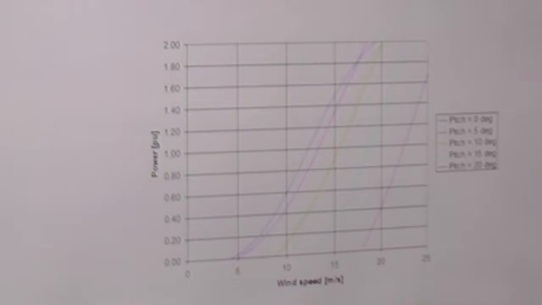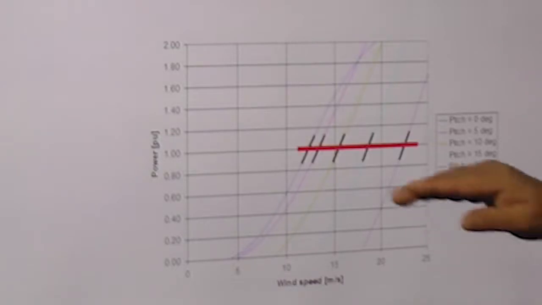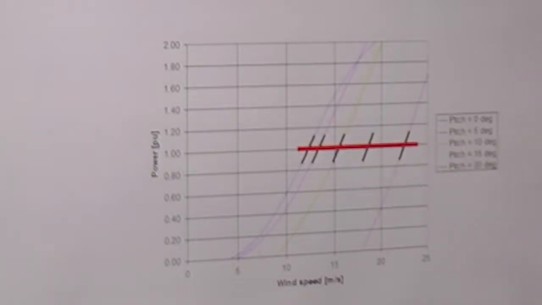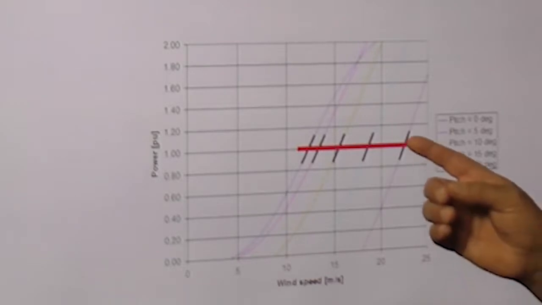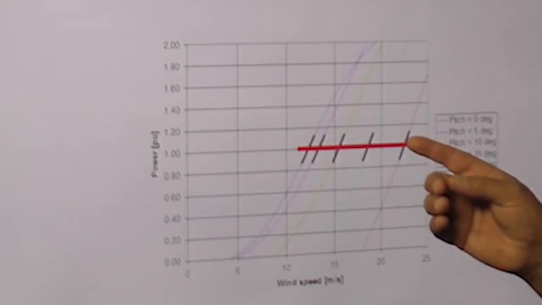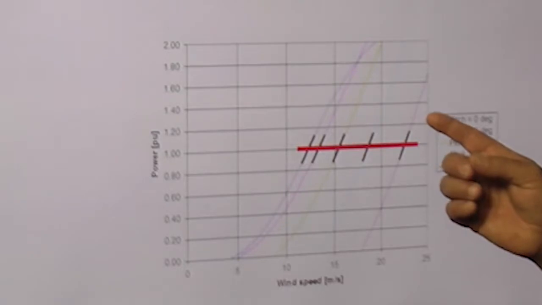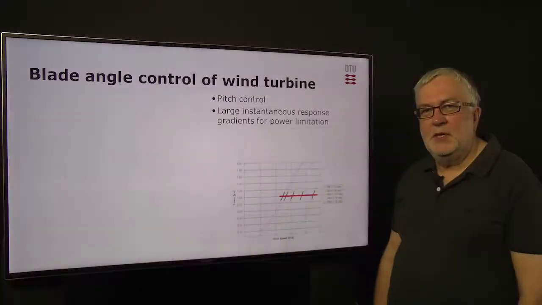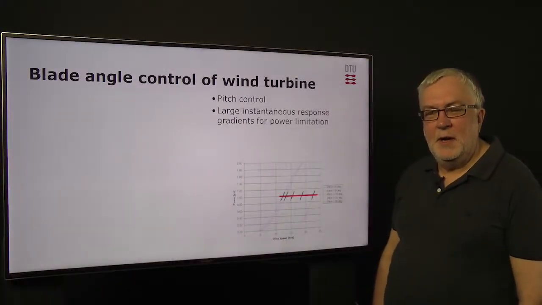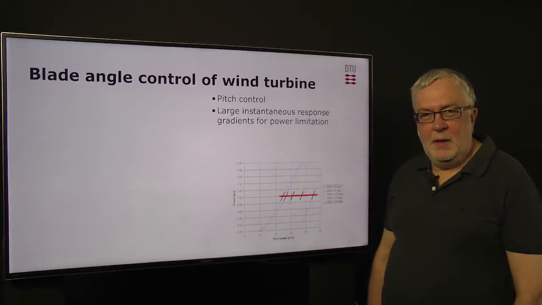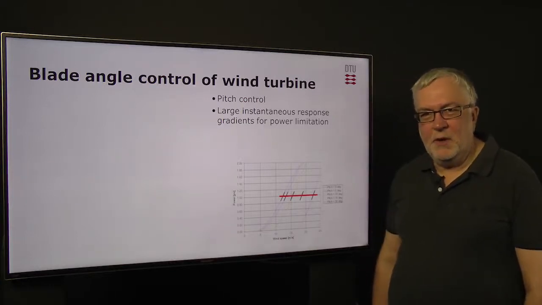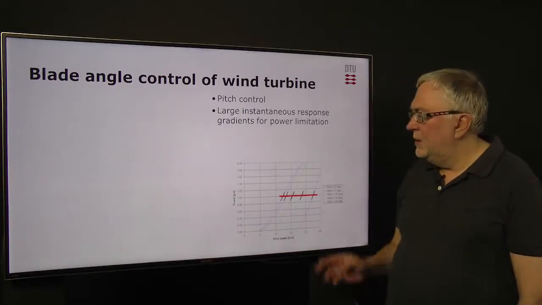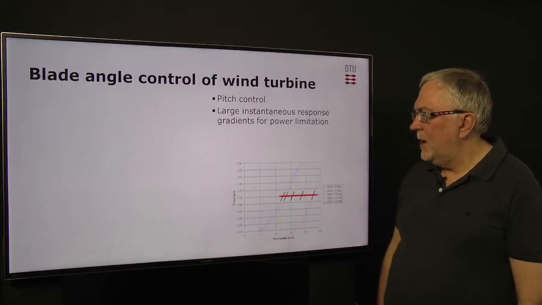What we see is that if we are in the area where we want to limit the power, then a small change in the wind speed can give us a very high change in the power, which means that we need to have a very fast control in order to avoid too high torques. This is the aerodynamic torque coming in on the wind turbine drivetrain.